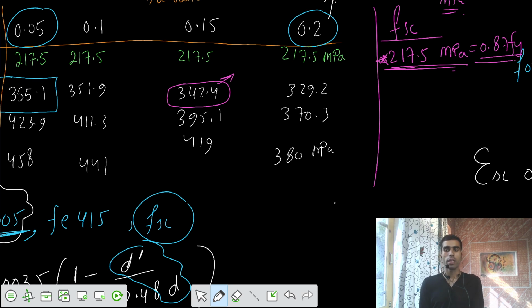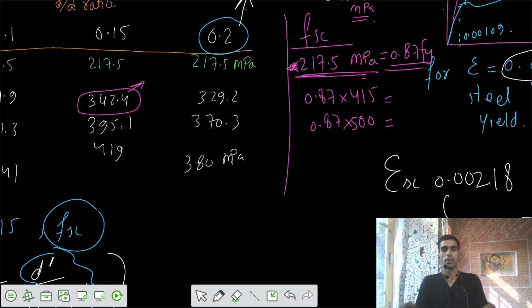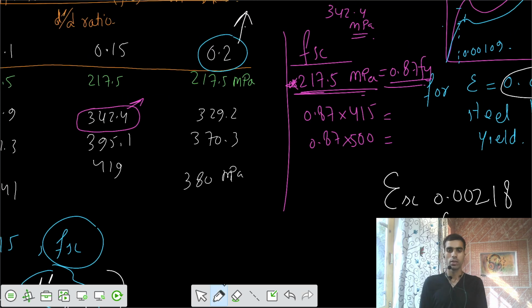And if I calculate the value of 0.87 Fy into 415, what does this value come out to be? 361.05, and for 500 it is 435 megapascals.